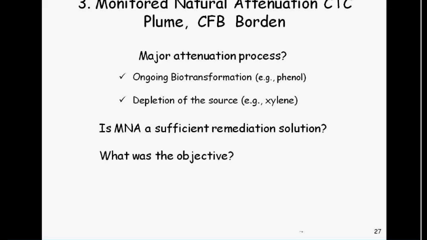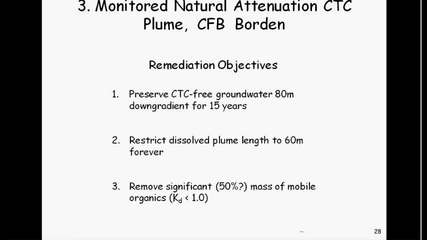So, are we meeting our objective? Let's go back to our objective. I'm trying to preserve a coal tar creosote-free groundwater 80 meters down gradient. I think we can say yes. None of those plumes made it to the end of our 50-meter or 60-meter monitoring box. So I think that's a winner.